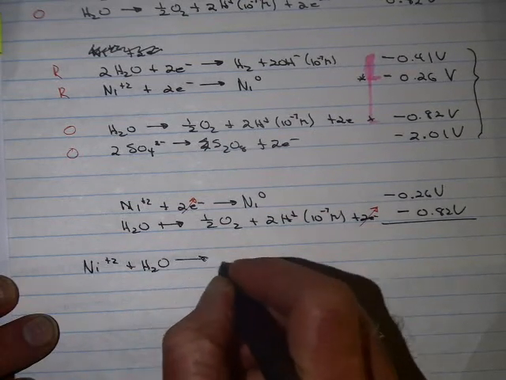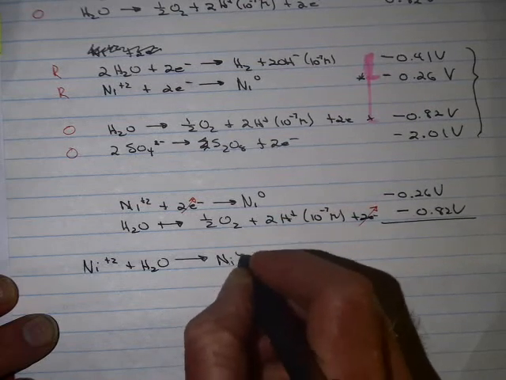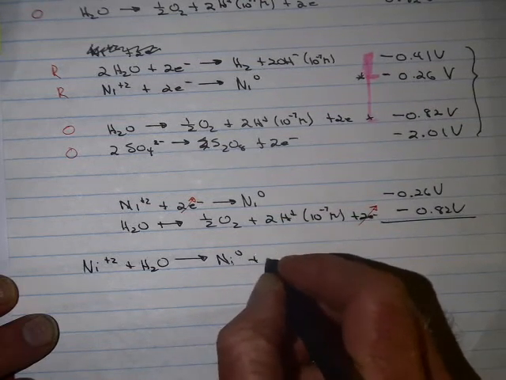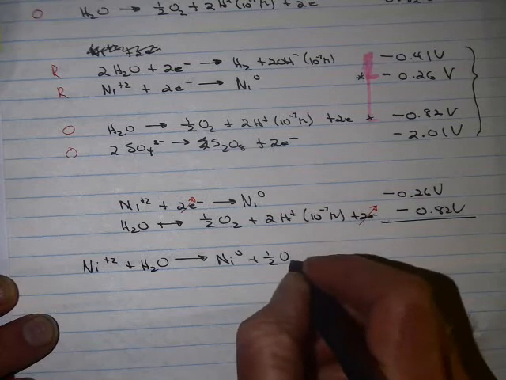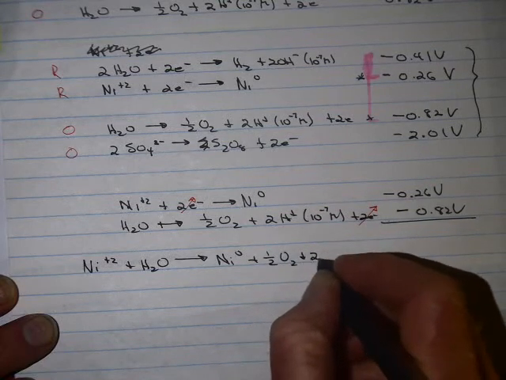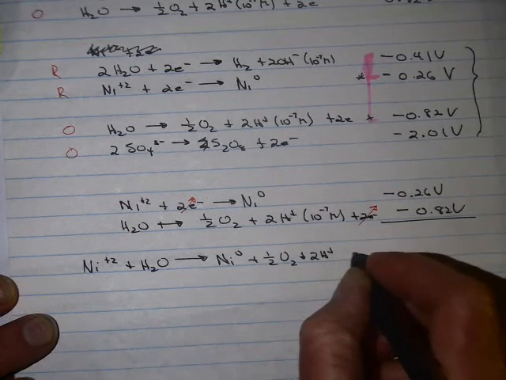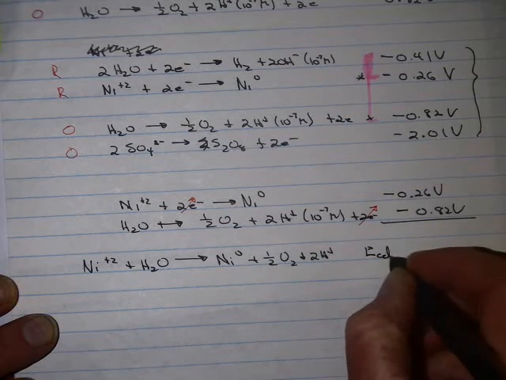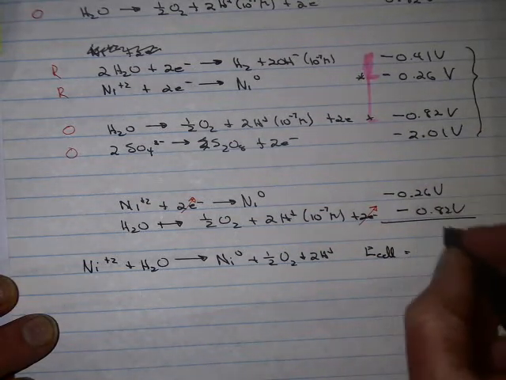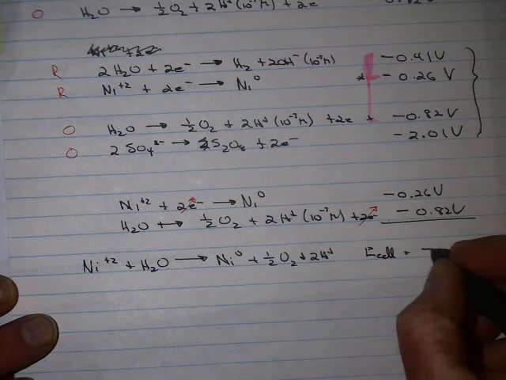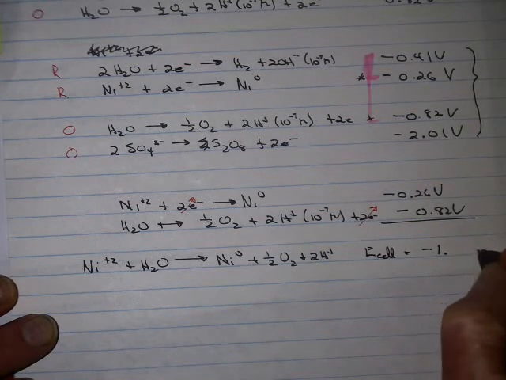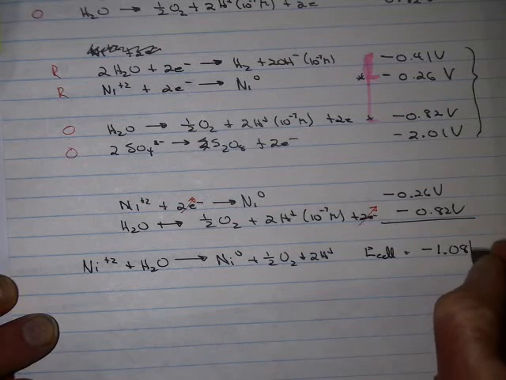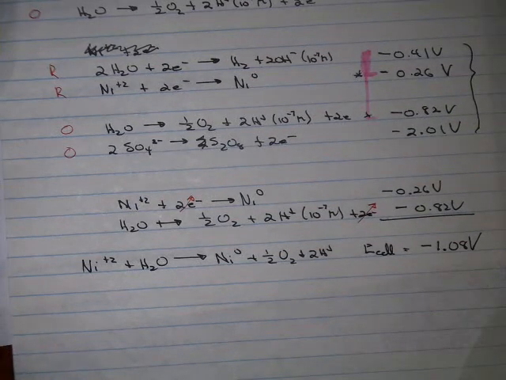It's going to give me nickel plus half O2 plus 2H plus, and E cell is going to be negative 1.08 volts. Bam!